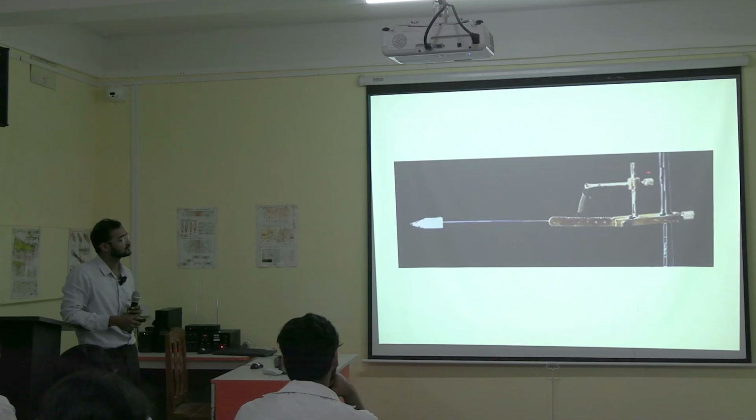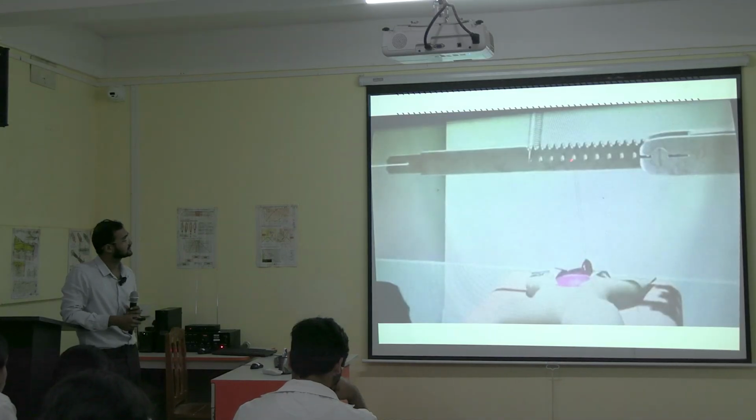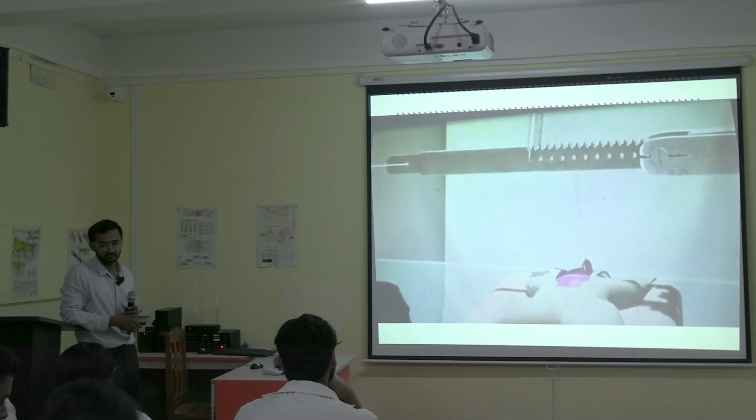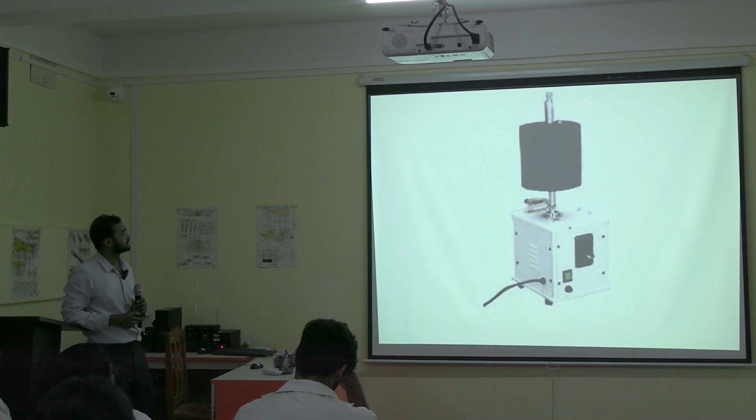This is known as the Starling heart lever. This is the string. The hook pierces the heart here, and with the help of the string we tie it here. When the heart contracts, it will pull, and again it will come back to its original position.